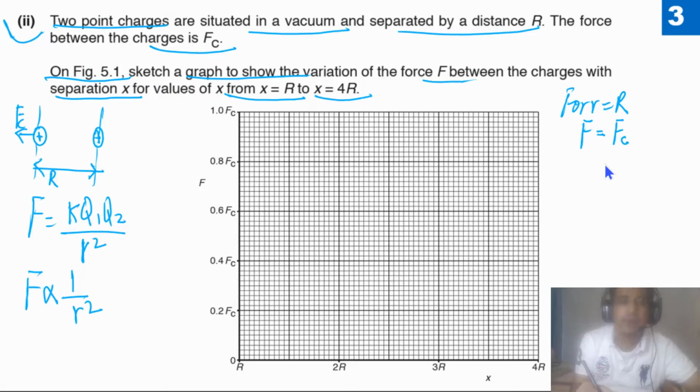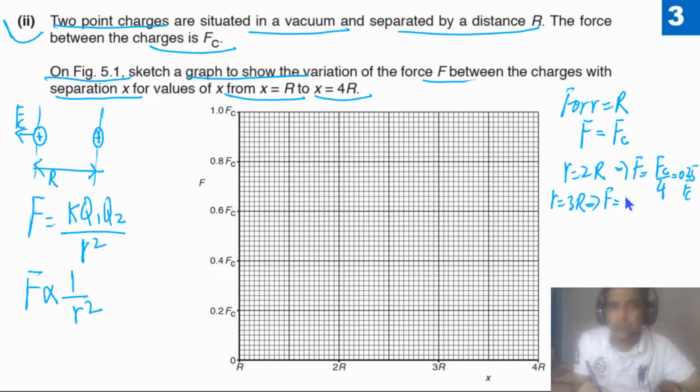And for r is equal to 2R, F will be equal to Fc divided by 4, which is 0.25 Fc. And for r is equal to 3R, F will be equal to Fc divided by 9, meaning 3 square, and this will be equal to 0.11 Fc.